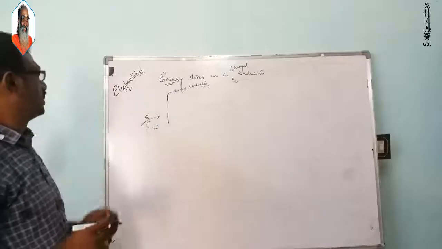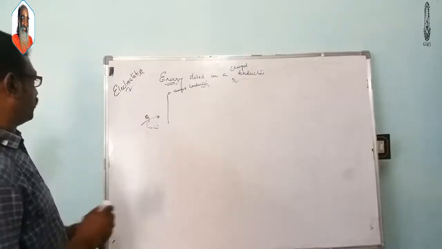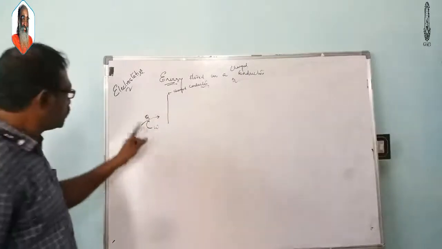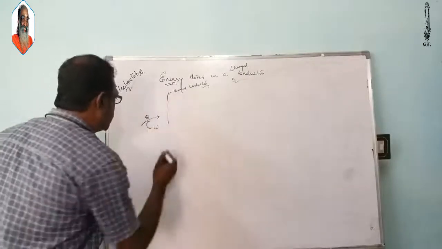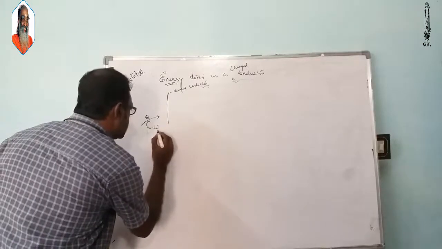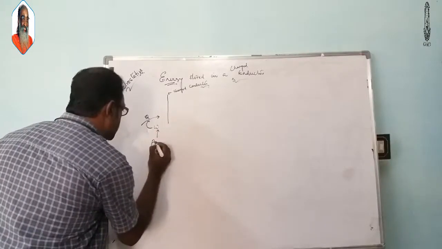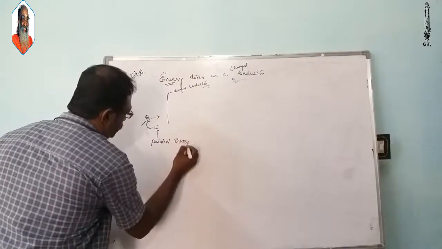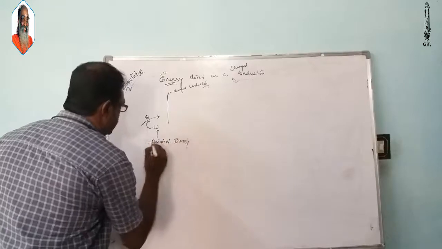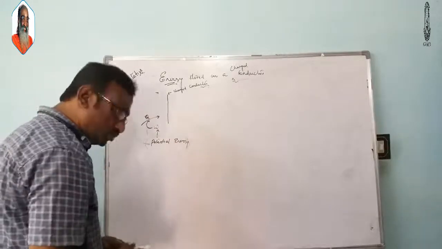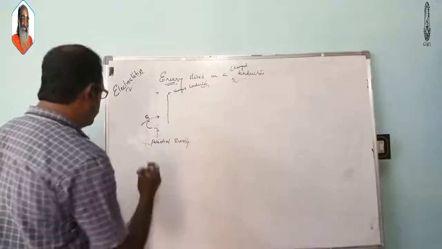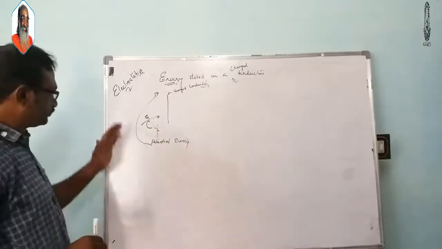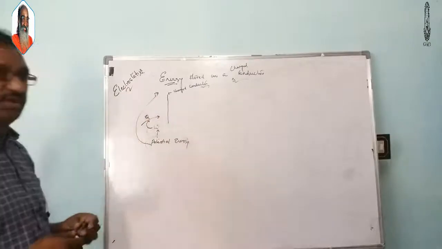Whatever work we are doing will be stored in the form of energy in this conductor, and we will call that energy potential energy. This energy we are going to calculate. We are going to find out how much energy is stored in the conductor.